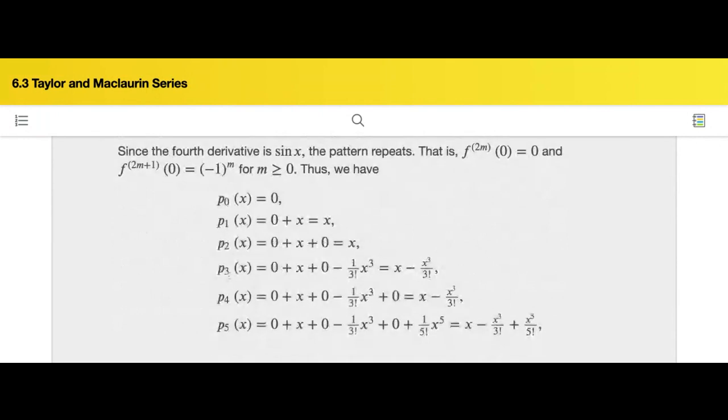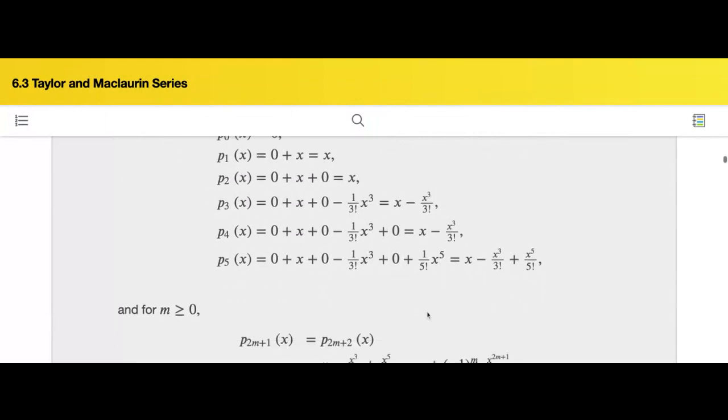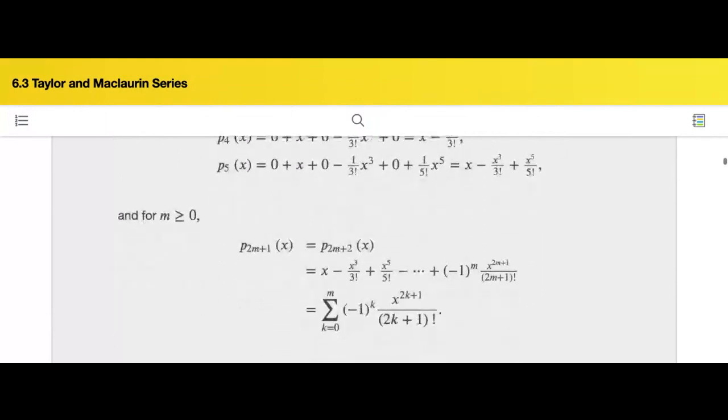And for the third order, we get x minus x cubed divided by 3 factorial. The fourth order is the same as the third order. For the fifth order, we get x minus x cubed divided by 3 factorial plus x raised to 5 divided by 5 factorial. So we observe the pattern.